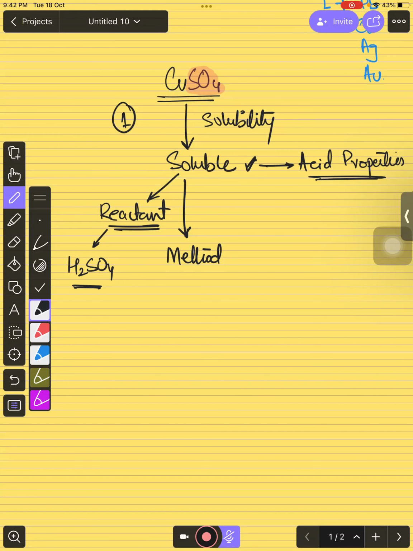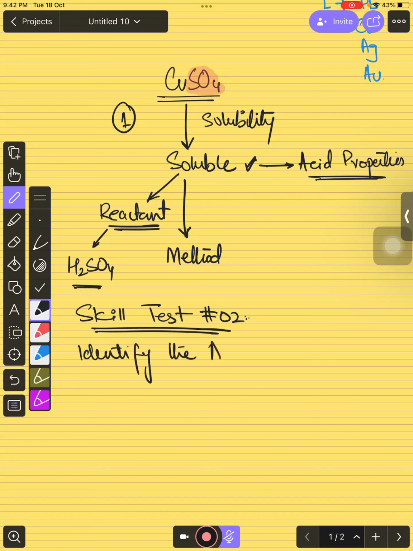Yes, sir. So for example, bachcho, this is the skill test again for you. Skill test number 2 of today's class. What you need to do is identify the acid used here, if possible.